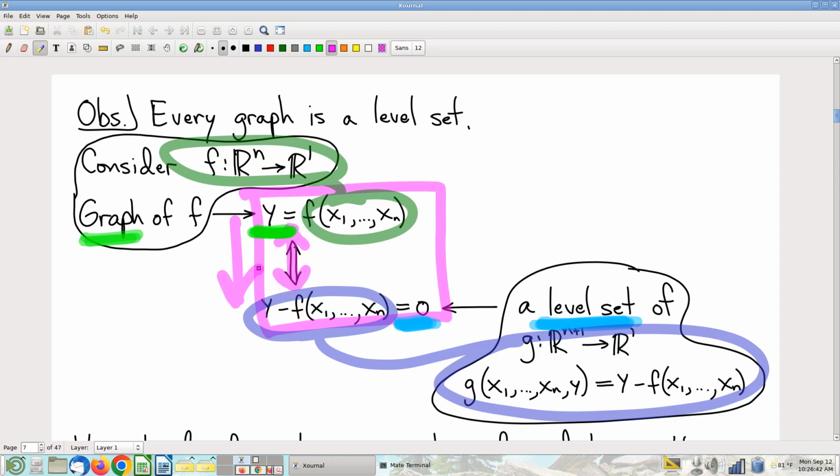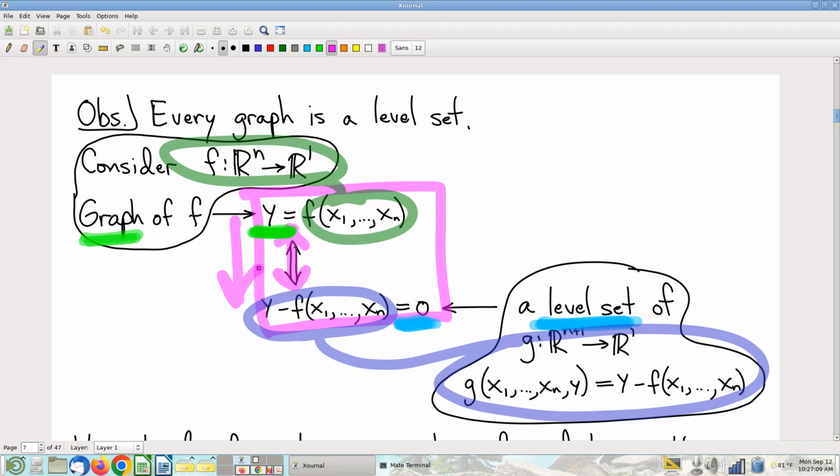Here's what you do. You take the function whose graph you're looking at, you do this one little move, and then you get to say, oh, cool, here's my new g function. The graph that I'm interested in is a level set of that function. And go ahead and knock yourself out, use all the calculus of level sets that you want on this function. And that will allow you to make geometric interpretations of this graph that you were given initially.